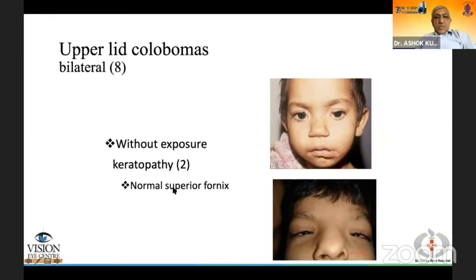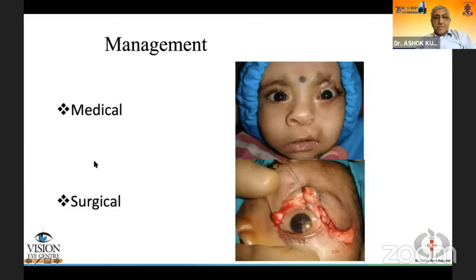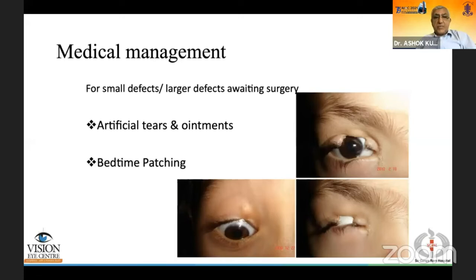Of the bilateral cases, 2 of them were small notches and not associated with any exposure keratopathy. Management of these cases starts with medical management, but most cases would require surgery.